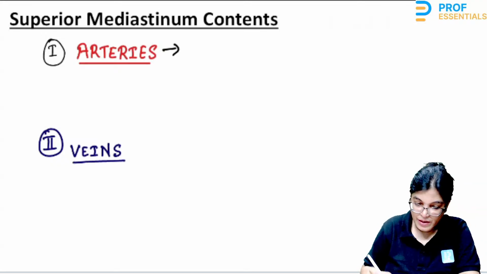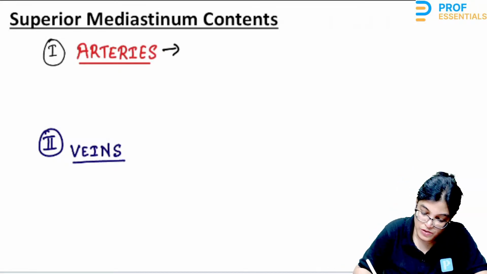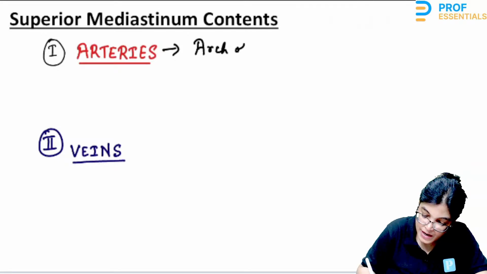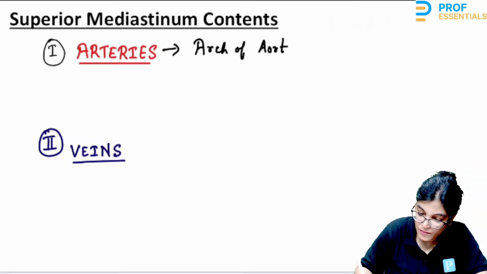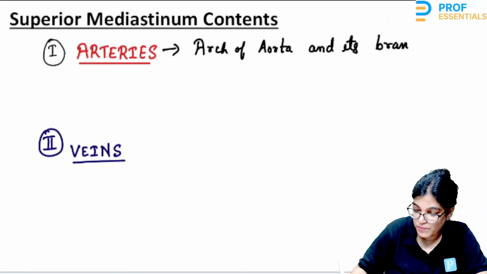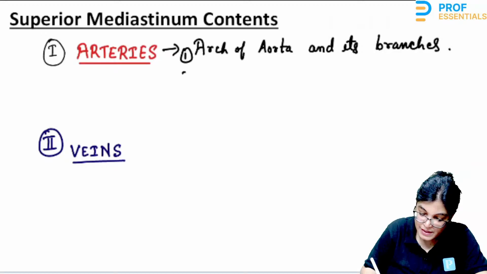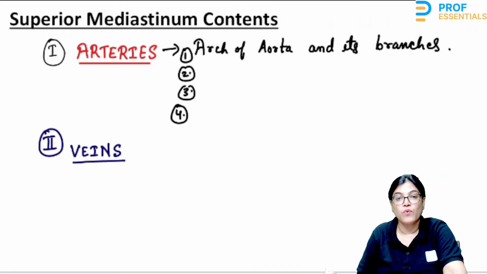Let's write. If I talk about arteries, we will have the arch of aorta and its important branches. The arch of aorta is the content, and its three important branches are also the content. What are they?